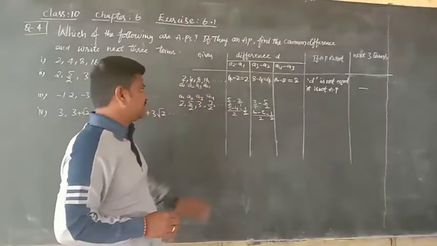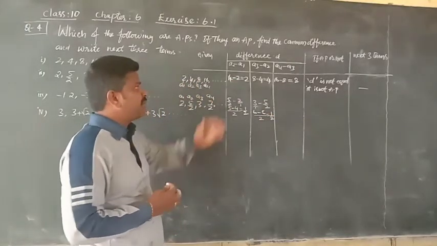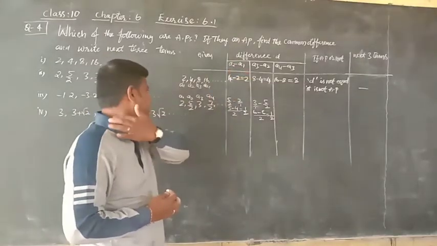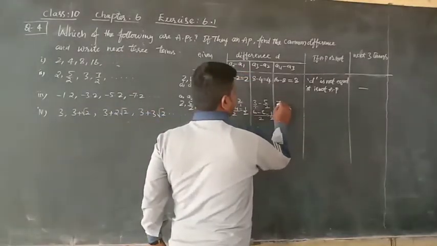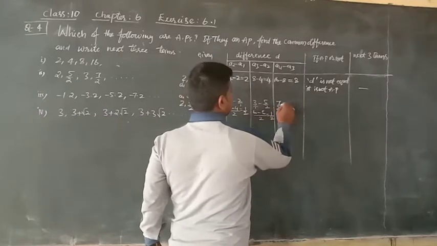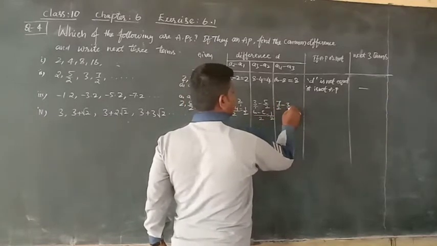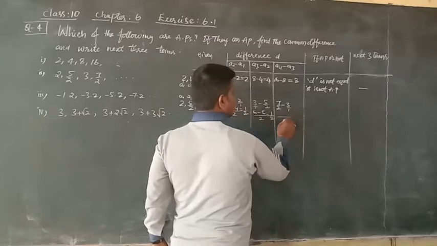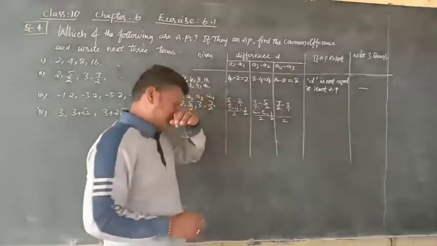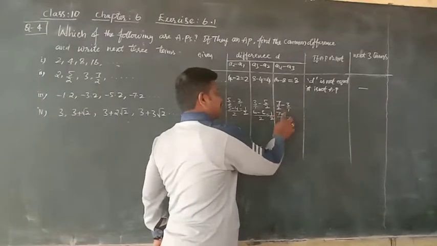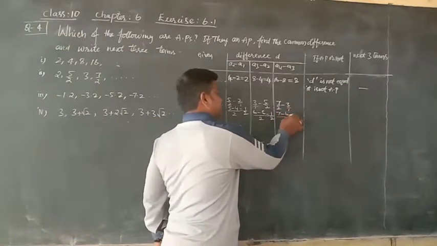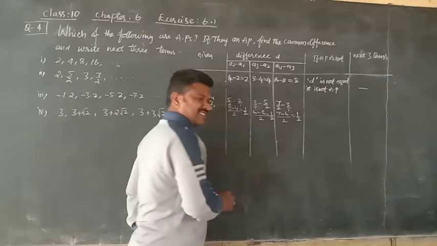Then A4 minus A3: A4 is 7 by 2 minus 3. The denominator is 1, LCM is 2, so 7 minus 2 times 3, which is 6, gives 1 by 2.